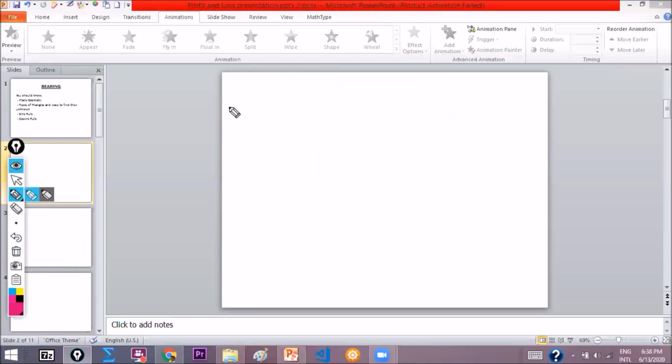Now we're converting from compass bearing to 3 digits. So let's say you have 55 degrees east. What do you do? You draw out the representation first. West, south, east.